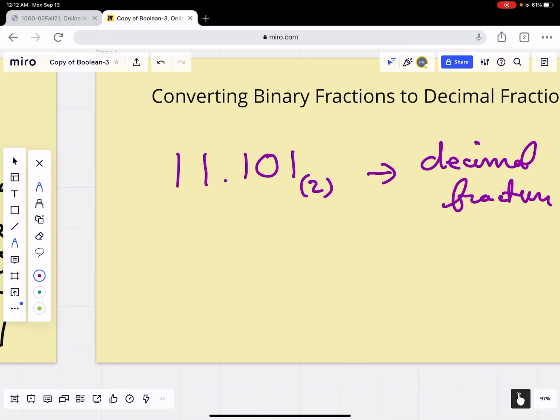So I know this one is 1 multiplied by 2 to the power of 0, and this one is 1 to the power of, no, erase this.